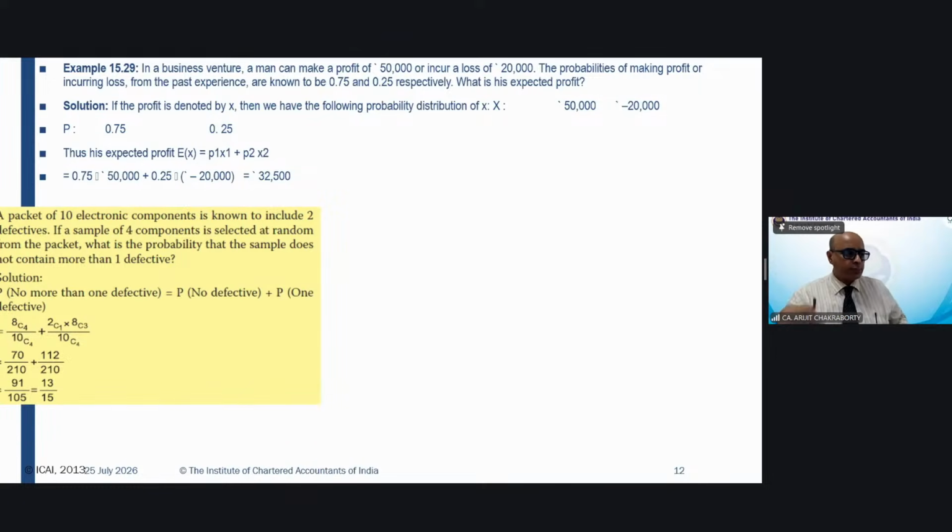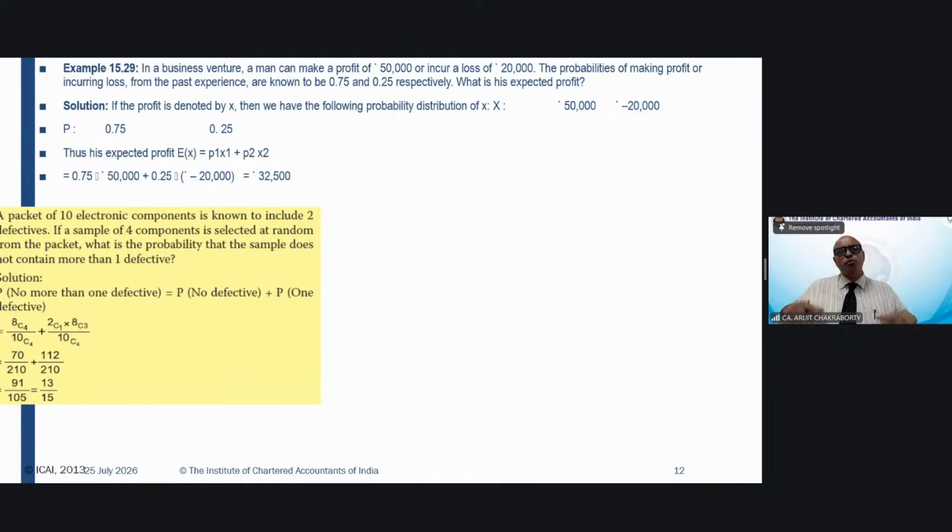You are drawing a sample of 4 components at random. What is the probability that a sample does not contain more than 1 defective? That means it can be a maximum of 1 defective, not more than that.